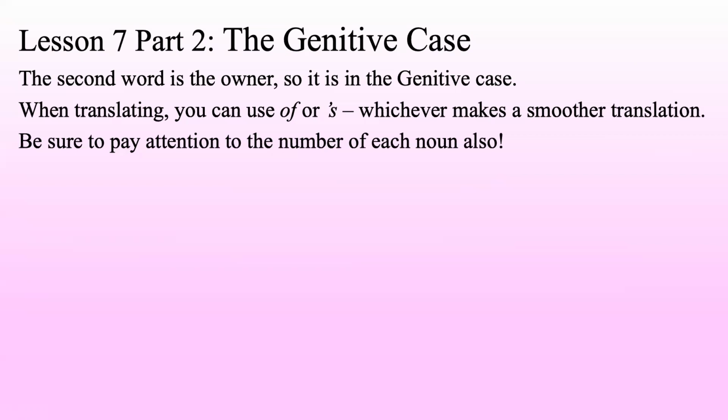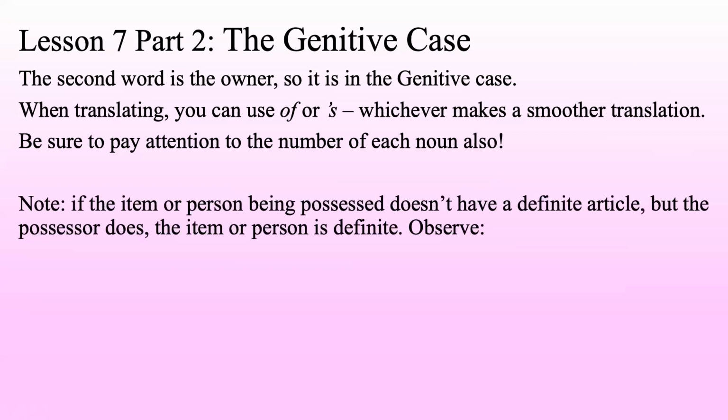Pay attention to both. Note, if the item or person being possessed doesn't have a definite article, but the possessor does, the item or person is going to be definite as well. So if we see huioi ton apostolon, the sons of the apostles.